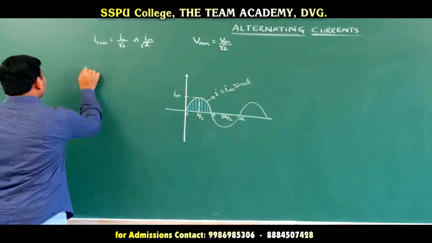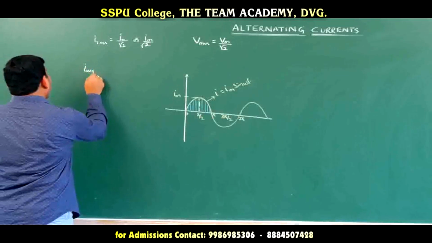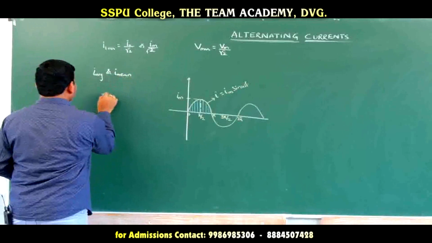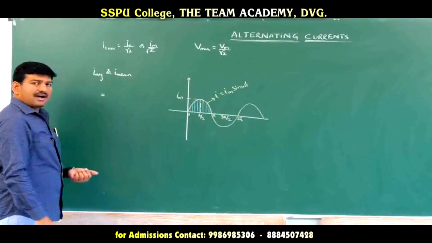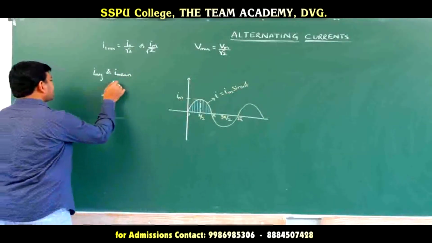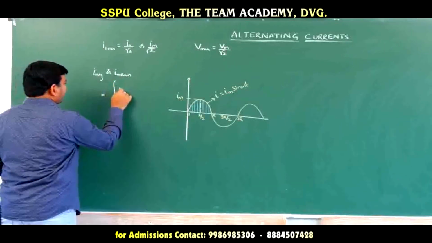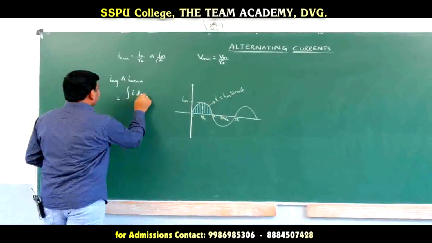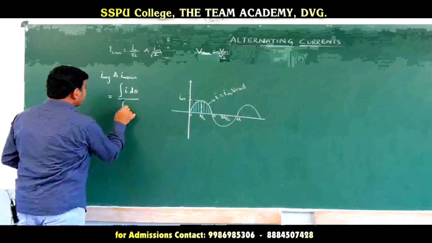Now, what is the average current? I average or I mean is calculated over how much cycle? Half cycle only. Then according to the definition, this can be written as integral I d theta divided by integral d theta.